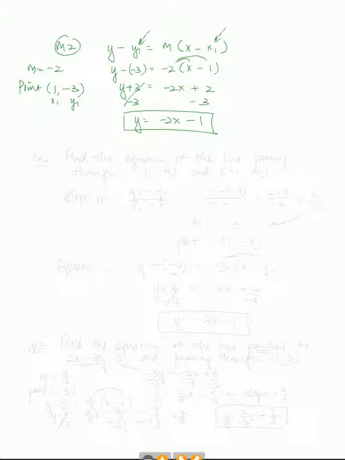Comparatively, method 2 is the more preferred way as you go higher in your math learning. So I'm going to be using method 2, which is the point-slope form, from this point on.